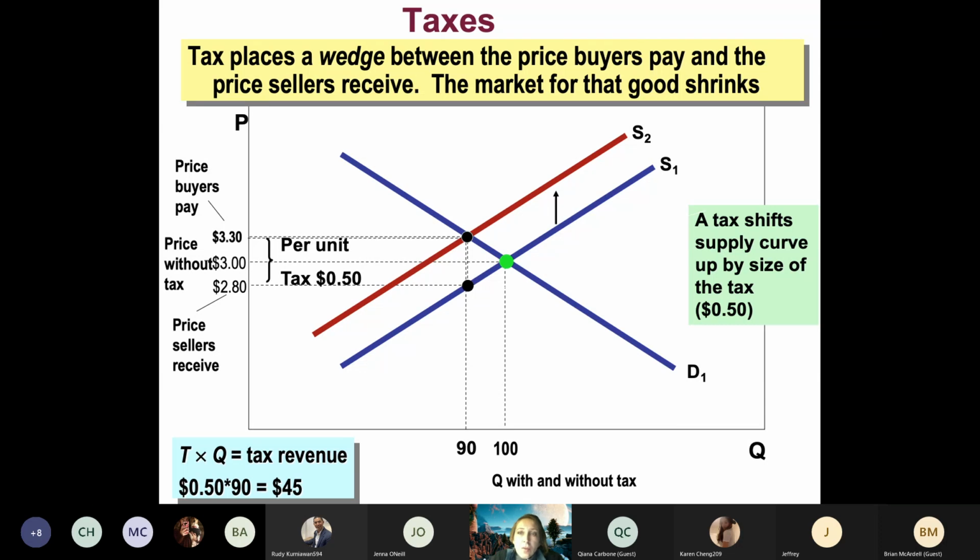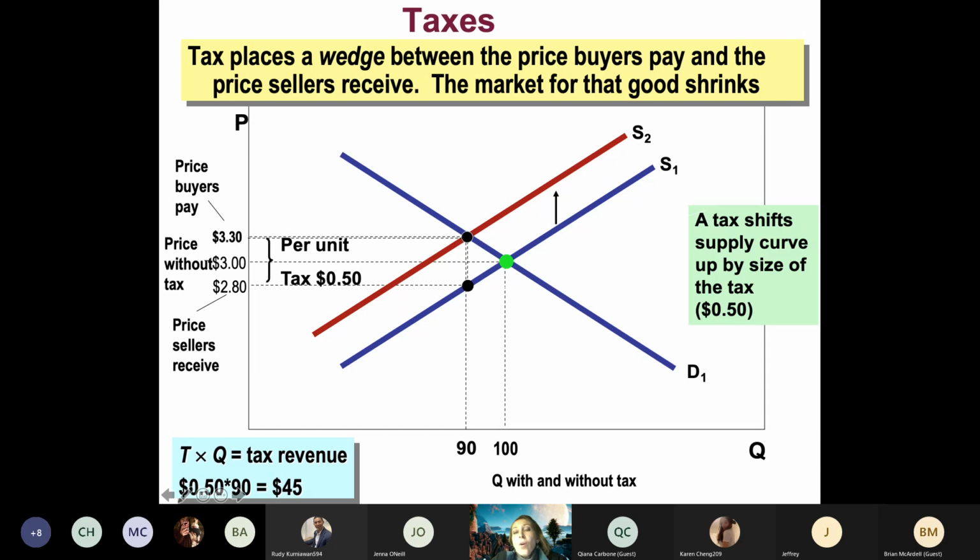So the easiest way to draw that is as if the tax puts a wedge between the price that the buyer pays and the price that the seller receives. This wedge between the two black dots on this graph equals 50 cents.